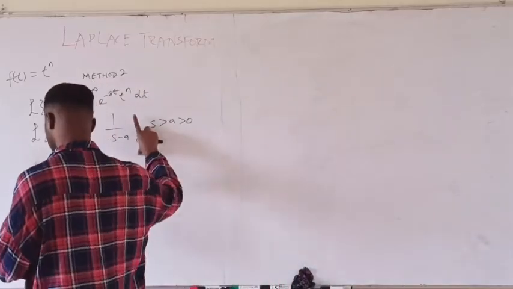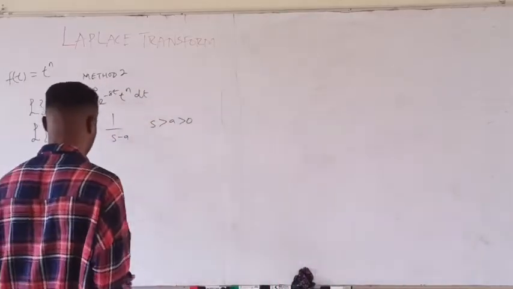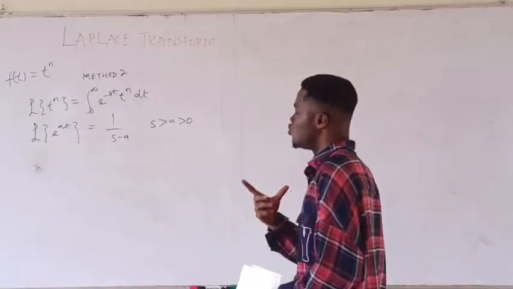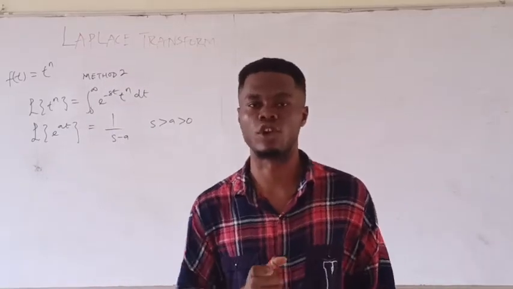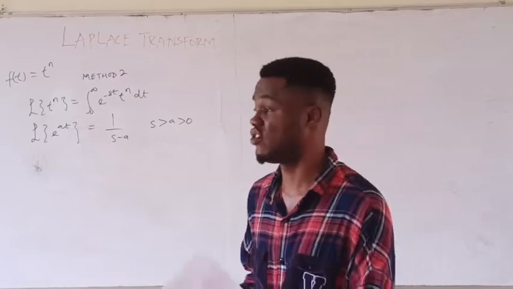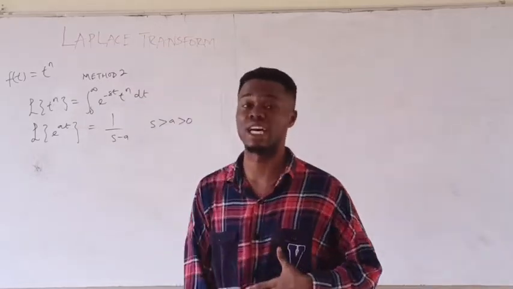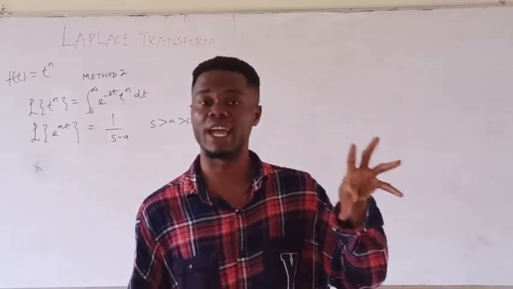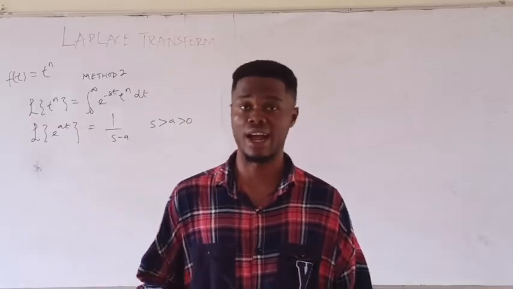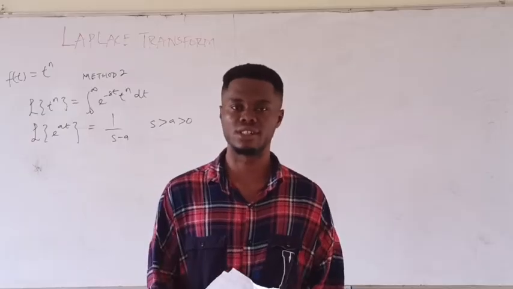So since we have this, the next thing we are going to do is borrow a little knowledge from series functions. This method 2 that I'm solving now is gotten from the idea of the Taylor and Maclaurin series, right?